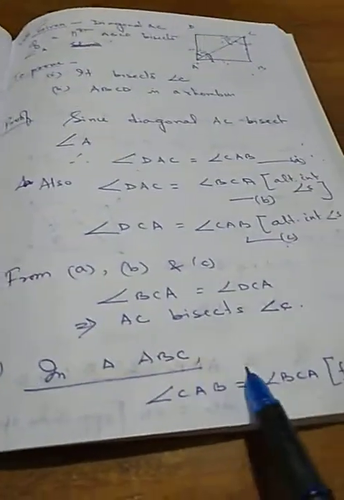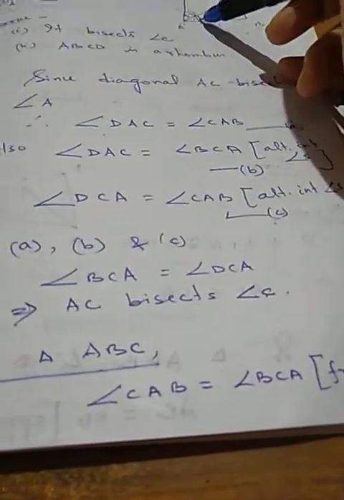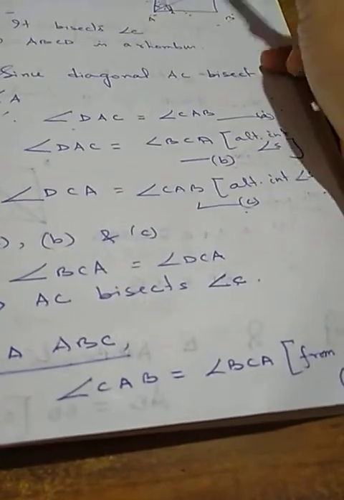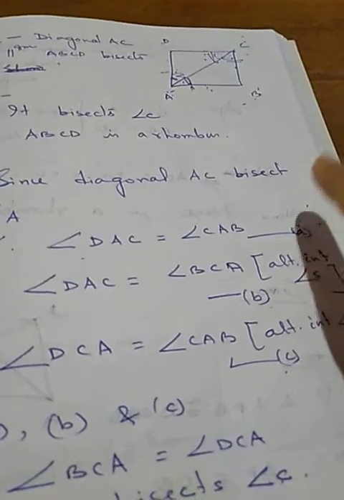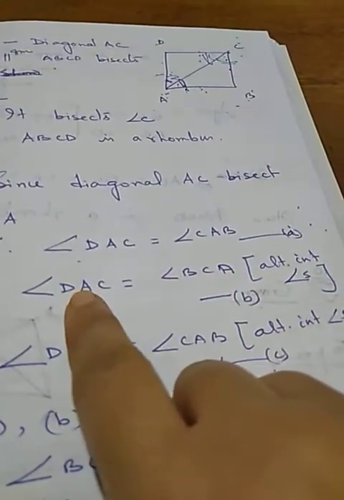Now in triangle ABC, we have already proved that angle CAB equals angle BCA. These two angles are equal. From A and B we are getting that these two angles are equal. In A we are getting DAC equals CAB, and in B we are getting DAC equals BCA.